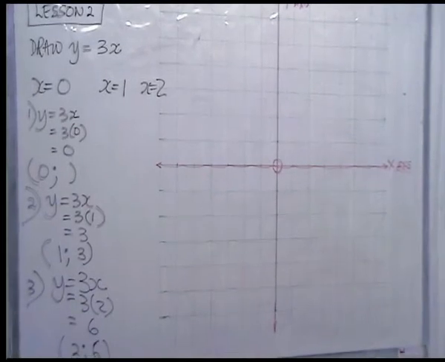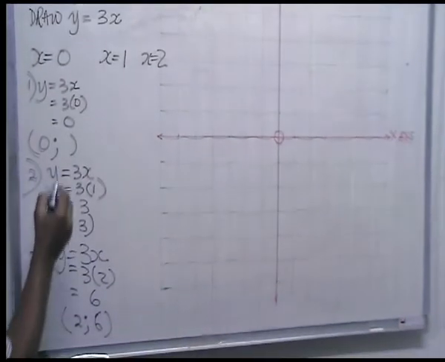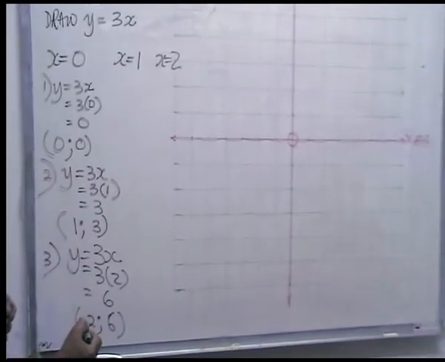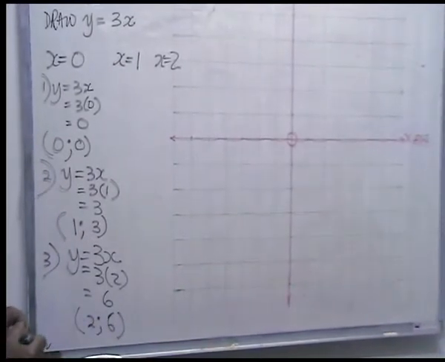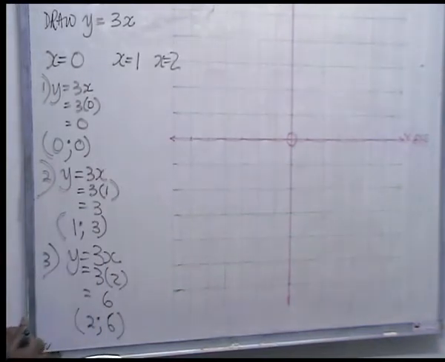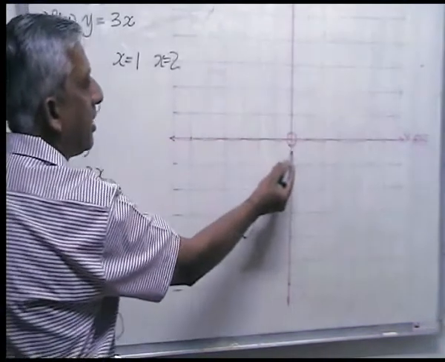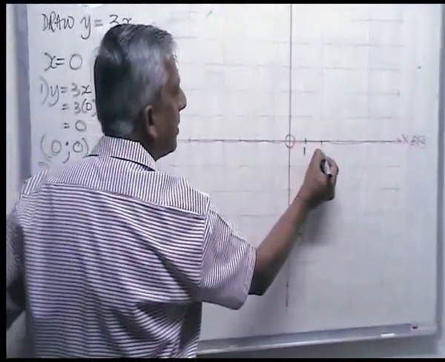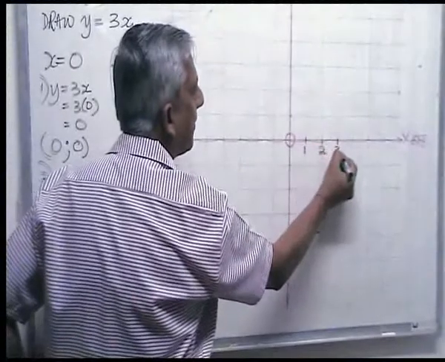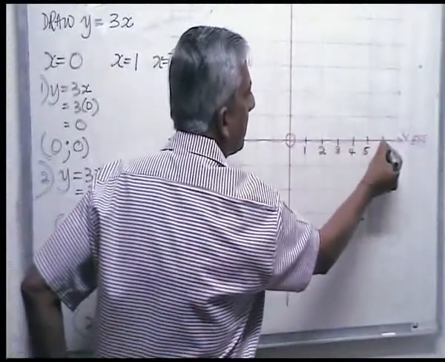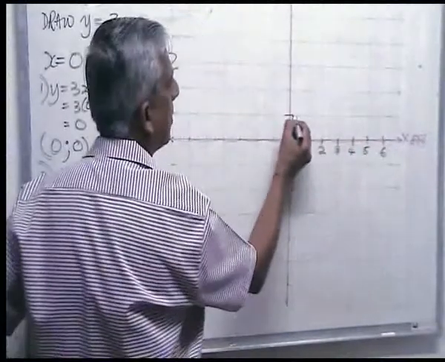So you've got 3 ordered pairs now: 0, 0, 1, 3, and 2, 6. So now you can draw the graph. Now let's go to the graph paper. In the middle here you've got 0. There you have 1, 2, 3, 4, 5, 6.